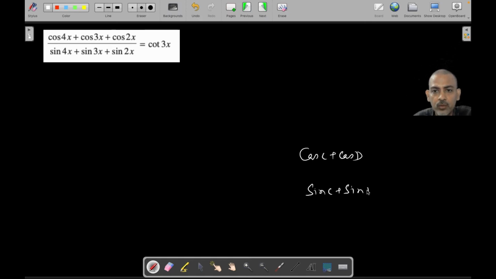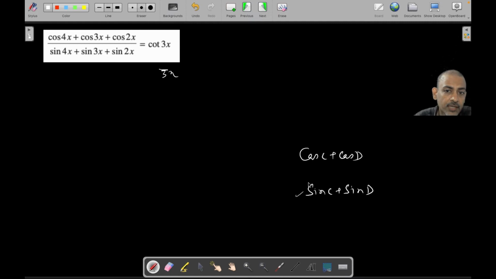This is how it is looking like. And you also got to observe there is some expression in terms of 3x on the right hand side, right? So we got to retain 3x somehow and then work with it, right? So can we club cos 4x and cos 2x together and use formula cos c plus cos d, and sin 4x and sin 2x together to come to formula sin c plus sin d?